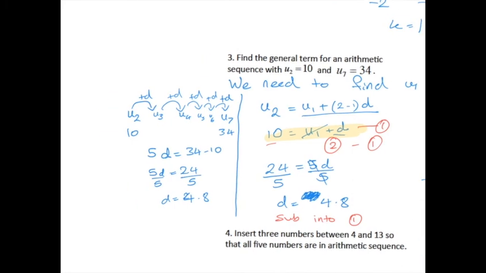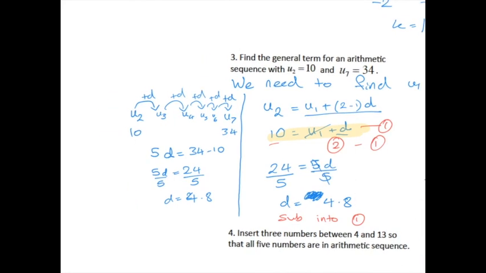So I could show that in my diagram by saying if U1's here, to get backwards I would minus D. Does that make sense? So U1 is 10 minus 4.8, which equals our 5.2, and that's right. And then UN and so on. That's another way to do it if you don't like the simultaneous equations method.